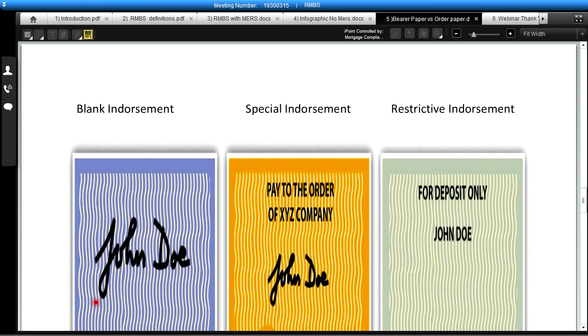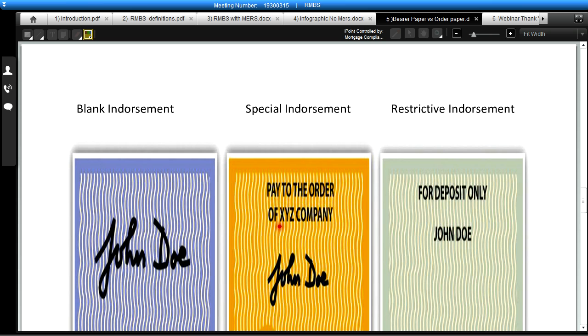Now, we have what's called a special endorsement. A special endorsement falls under UCC 3-205. It says if an endorsement is made by the holder of an instrument, whether payable to an identified person, paid to the order of, an identified person, or payable to bearer, B-E-A-R-E-R, and the endorsement identifies a party to whom it makes the instrument payable, then it is a special endorsement.